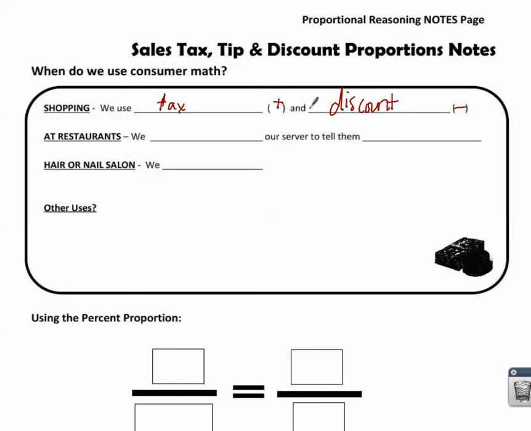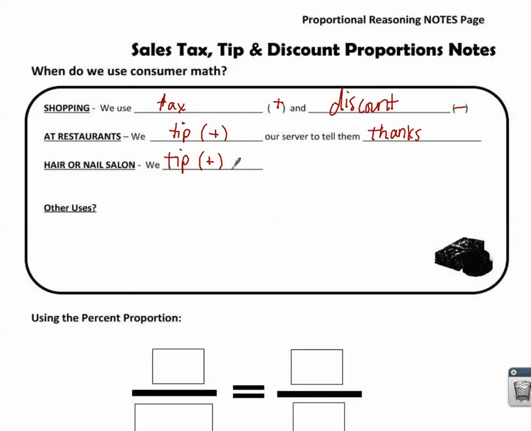At restaurants, we tip our server to tell them thanks. This also increases our total that we pay. Anytime we get hair or nails done, we tip the person that did our hair or nails.